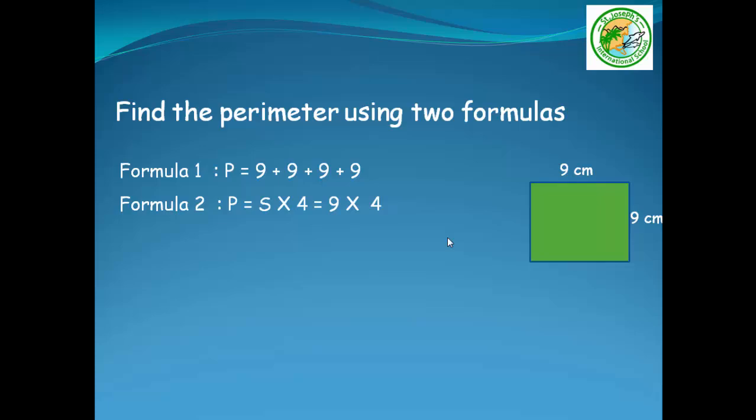Perimeter equals 9 plus 9 plus 9 plus 9. What about formula 2? Using the rule, the perimeter of a square equals side times 4, which equals 9 times 4, which is 36.